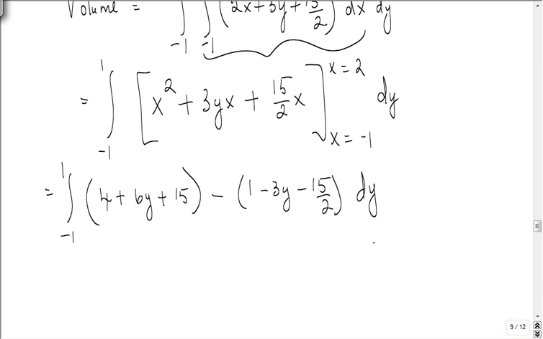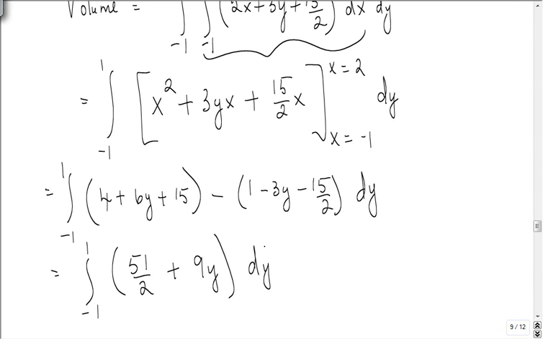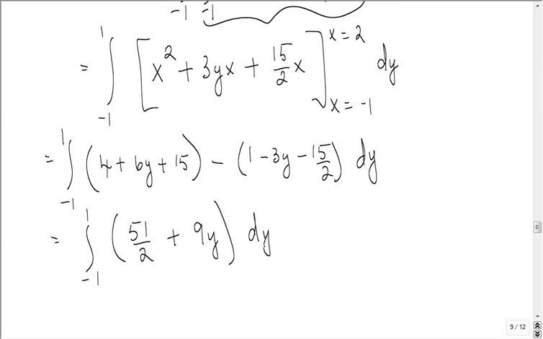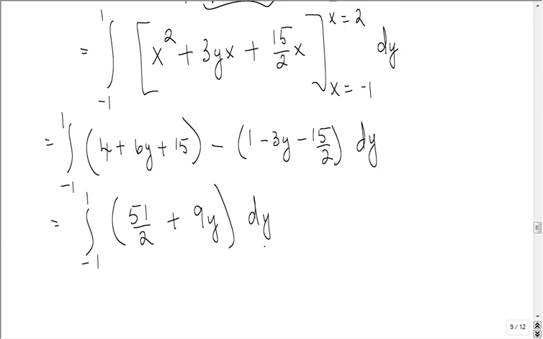And then when you work all of this out, you will get 51 over 2 plus 9y with respect to y.